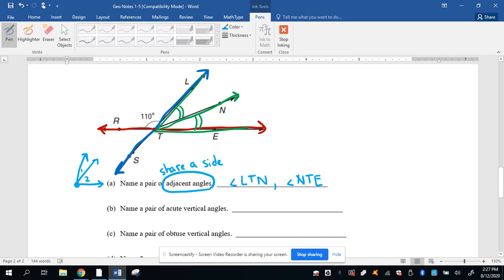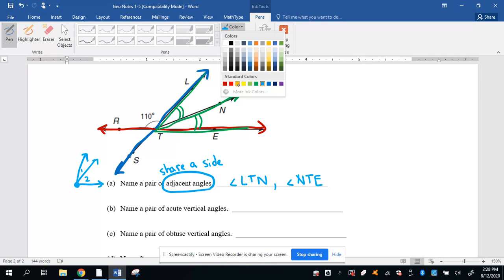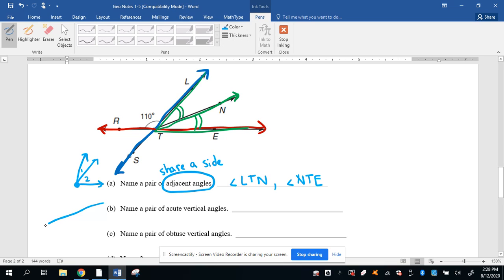Okay, vertical angles. We've talked about vertical angles before. If I have two lines that intersect, then we have opposite angles, or vertical angles, that are congruent. So these two are congruent and these two are congruent. A pair of acute angles, we've talked about before, is less than 90 degrees.